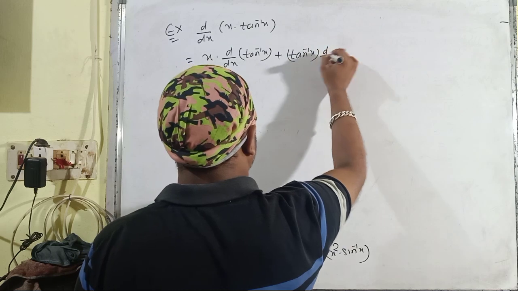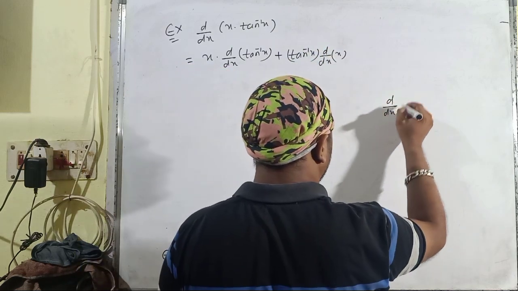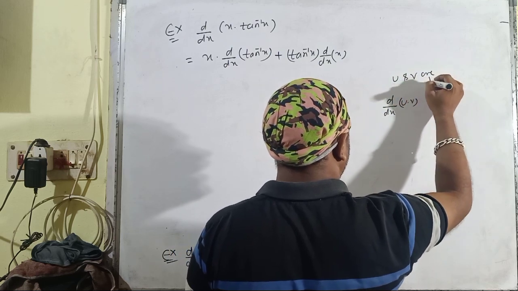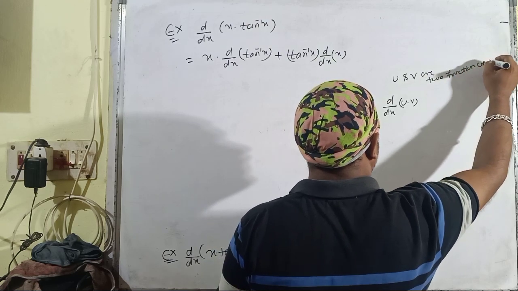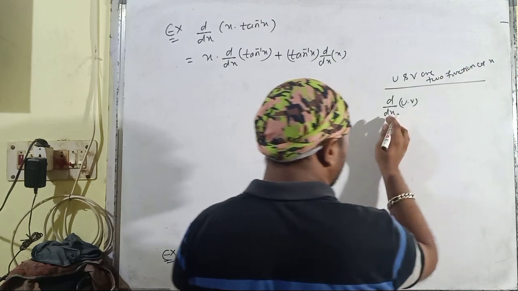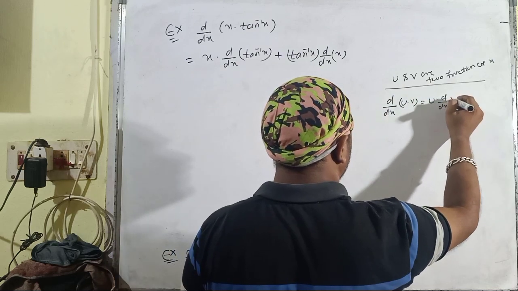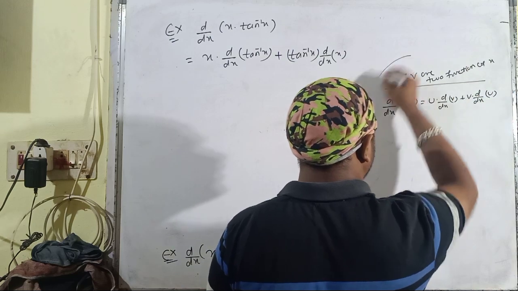property of product rule. Differentiation of u into v, where u and v are two functions of the variable x, then differentiation of u into v is u into derivative of v plus v into derivative of u.